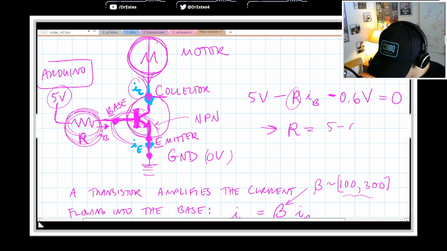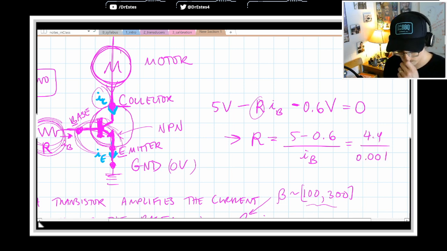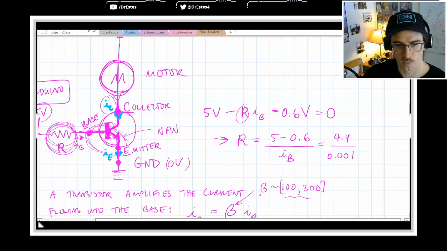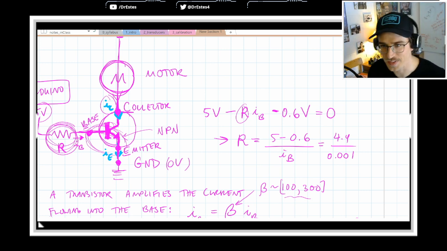The resistor is 5 minus 0.6 divided by IB. So 4.4 divided by 0.001. What is that? I want to use a calculator. Okay, good, 4.4. Thank you, Akil.